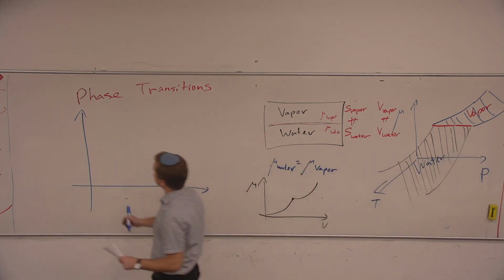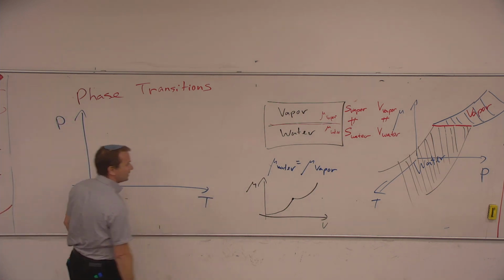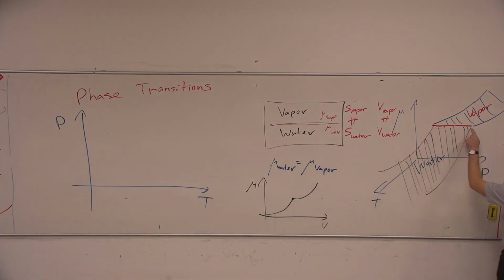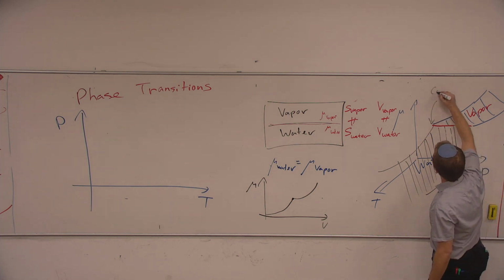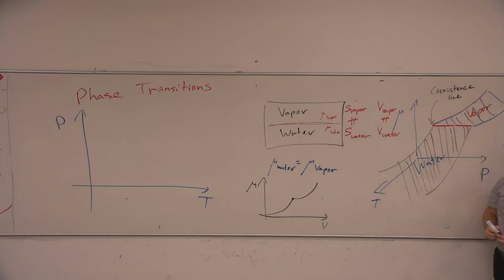Okay, so if we look at P as a function of T, and we want to describe this line, this line is termed the coexistence line. Why coexistence?